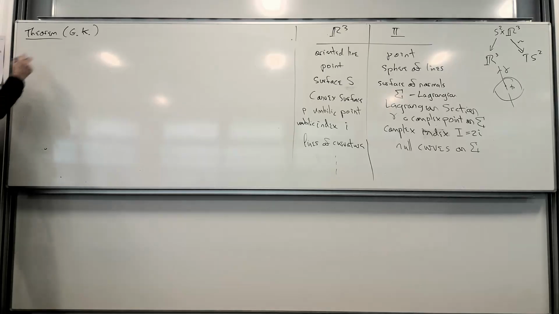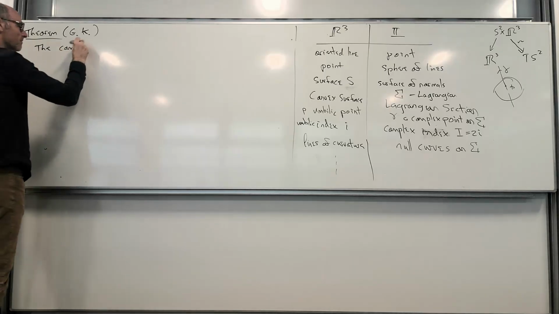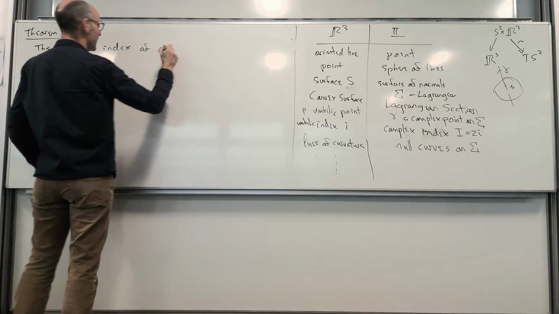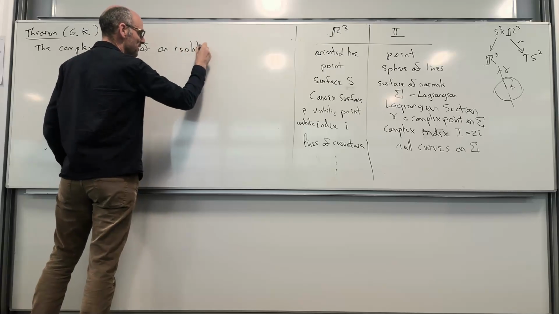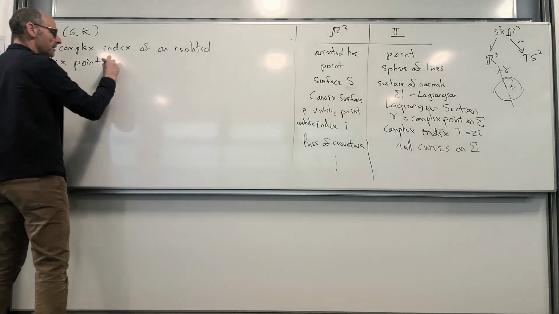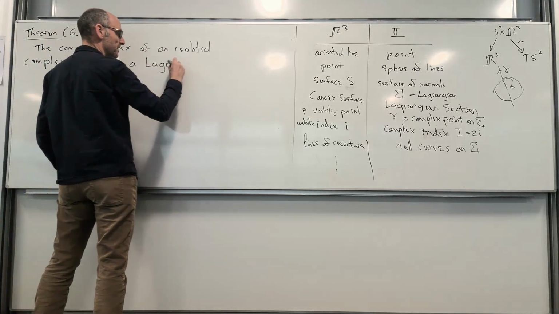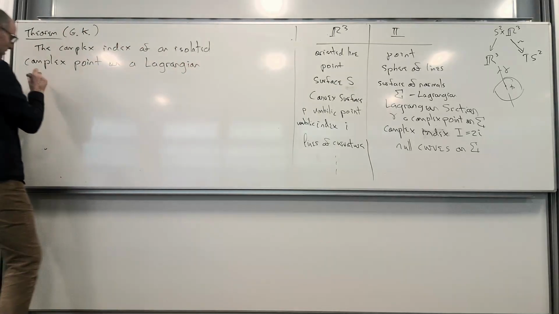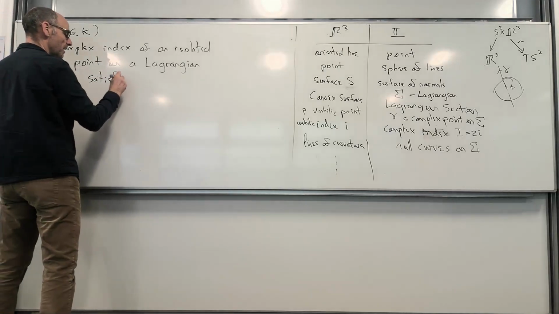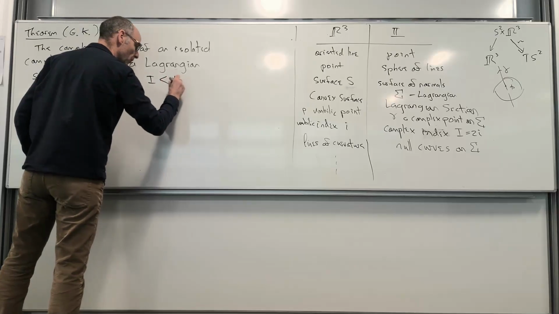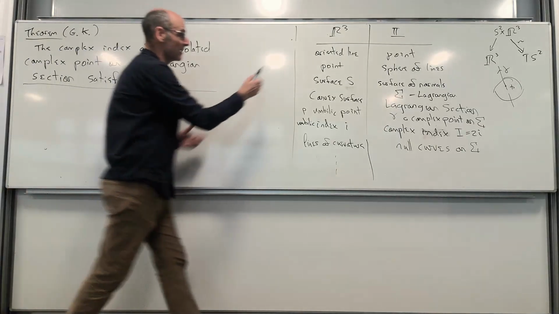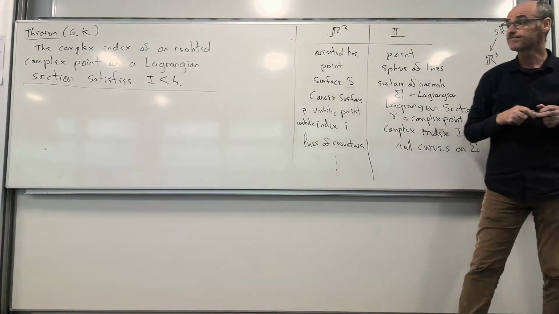The complex index of an isolated complex point on a Lagrangian, that means that it comes from a surface in R3, because it's convex, satisfies I must be less than 4. It's exactly the same statement, except now transferred over into this rather different geometric setting.